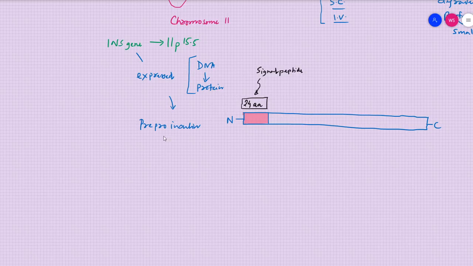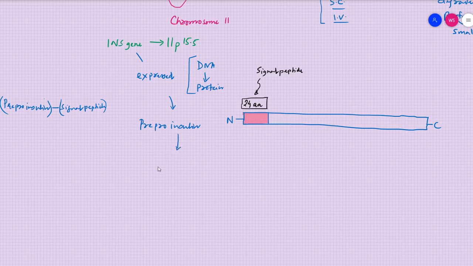So the first biosynthetic event that happens is the preproinsulin. From the preproinsulin, there is removal of the signal peptide. Preproinsulin minus signal peptide, and what do we get here?